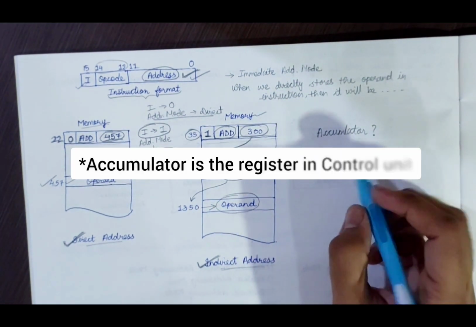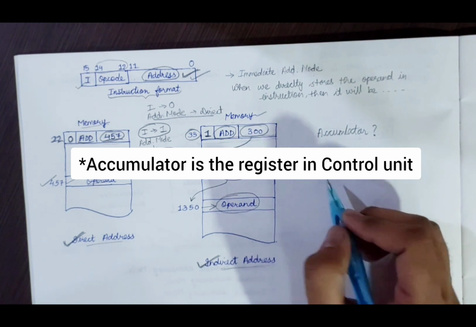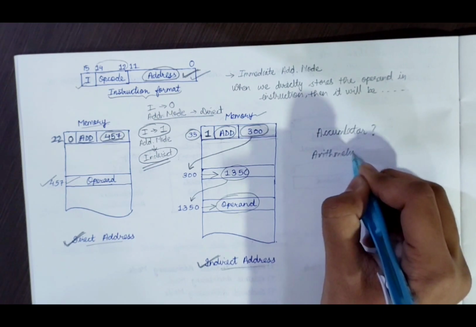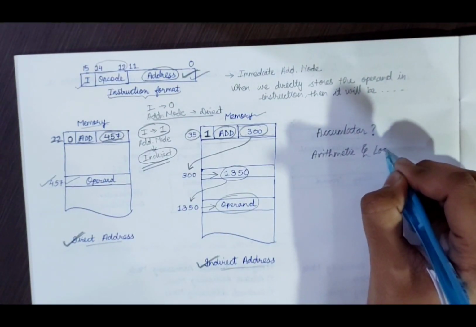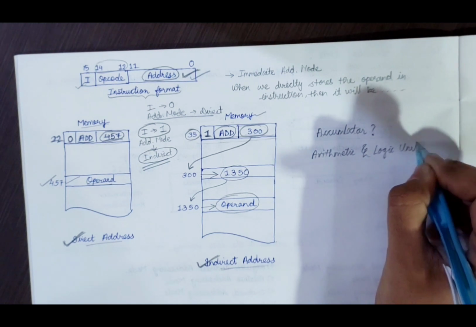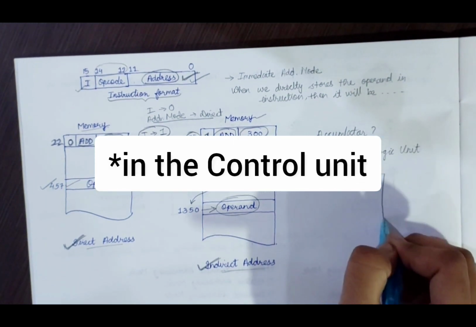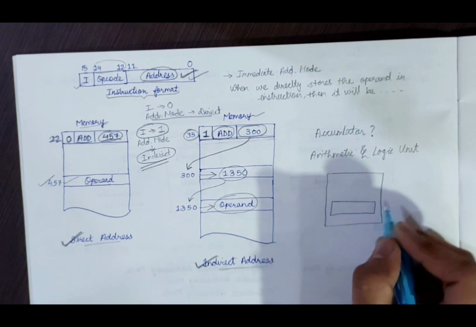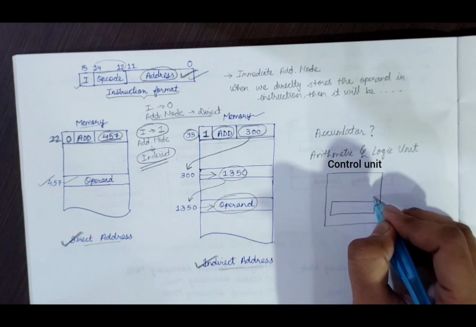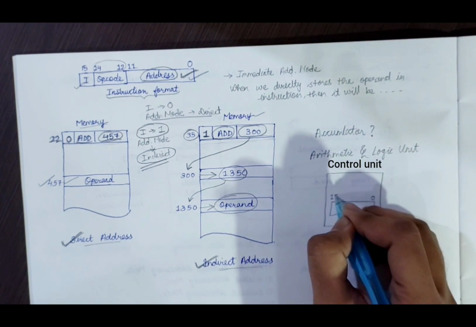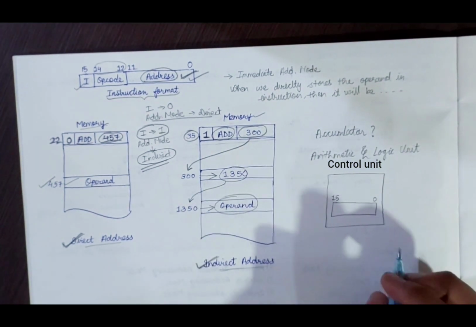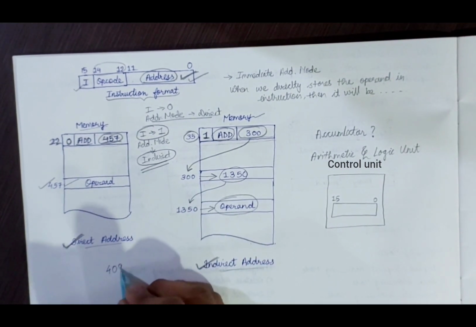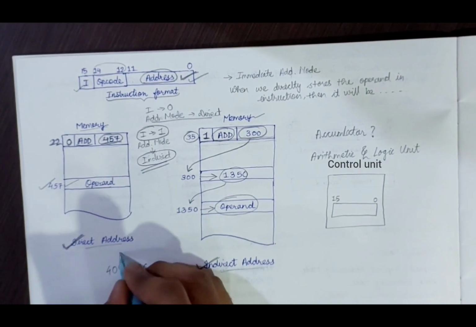The accumulator is a register in the ALU, that is the arithmetic and logic unit. In the ALU there will be a register whose size will be the same as our physical memory word size. In the physical memory which we have seen, that is of 4096 by 16.